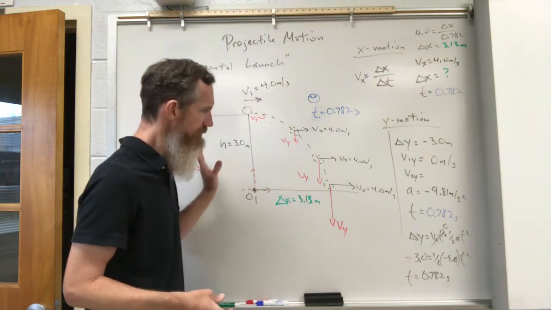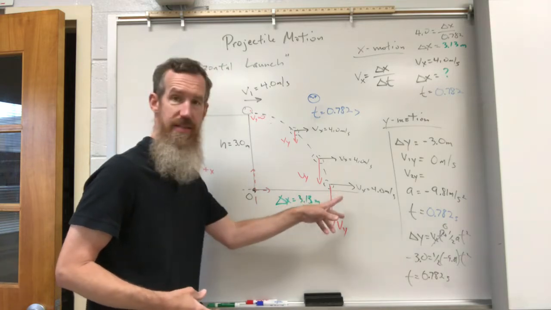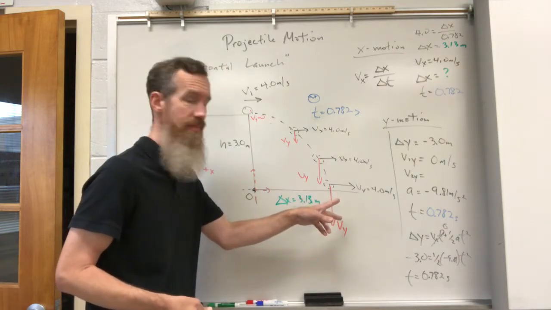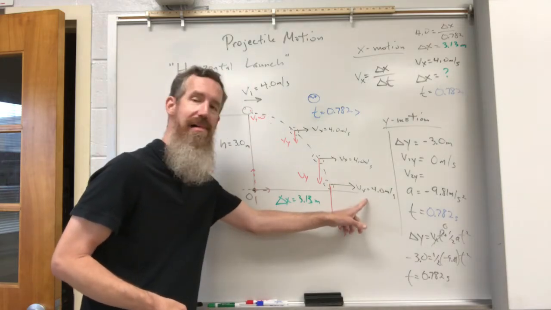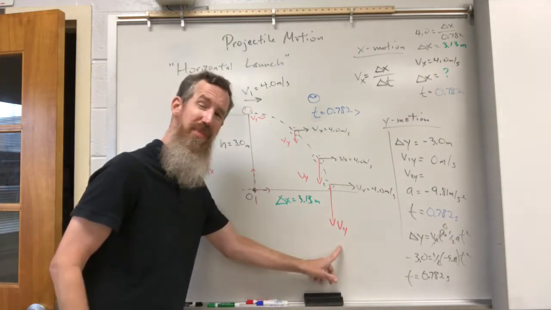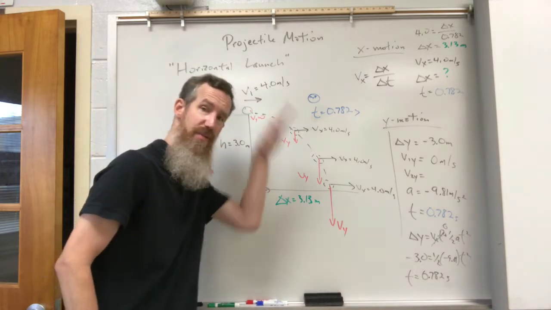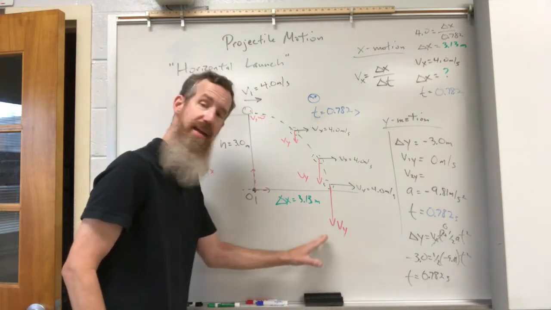Okay. Well, I have two velocities that I have to worry about. I know that it's going to be moving sideways at 4 meters a second. I don't know what its velocity is right before it hits the ground in the vertical way, but I can find that out.